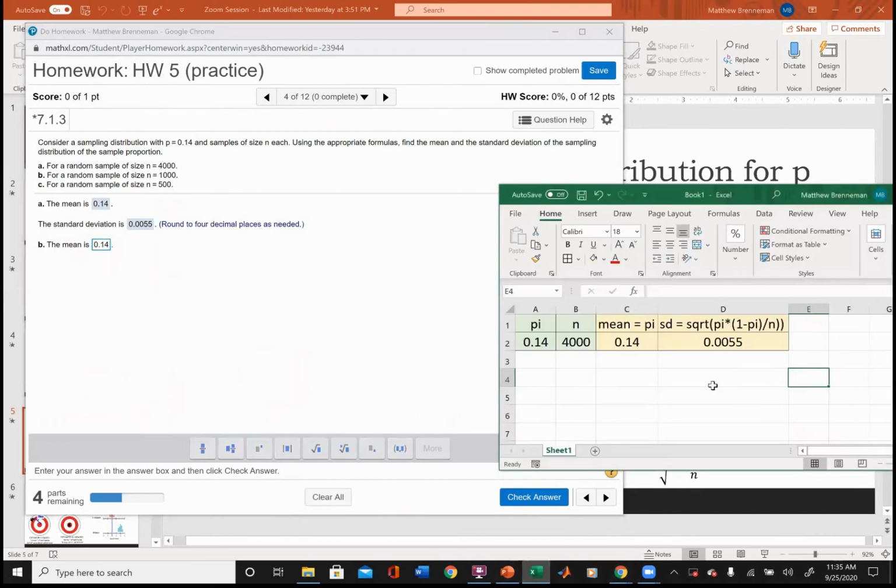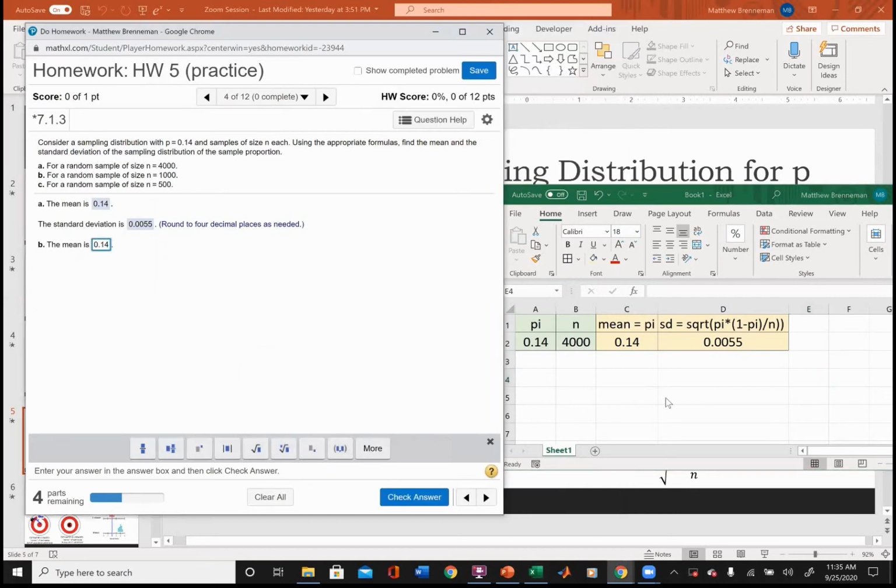Now, here's the lovely part of Excel. This is why we love Excel. Notice that while this is not brain surgery, it's still a pain to type in the standard deviation. But with Excel, all I have to do is click here and just change the sample size. I'm going to change it from 4,000 to 1,000. And I want you to stop for a second and look at my screen. Look at D2.